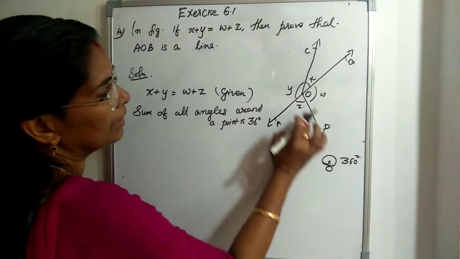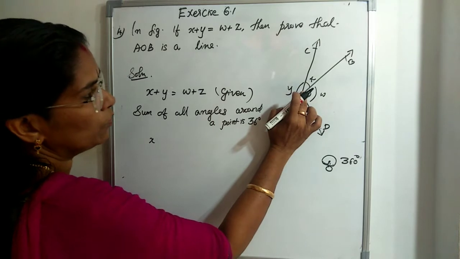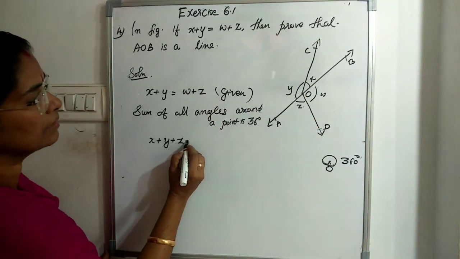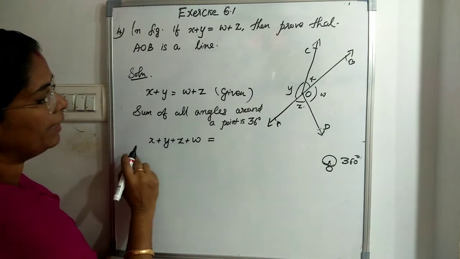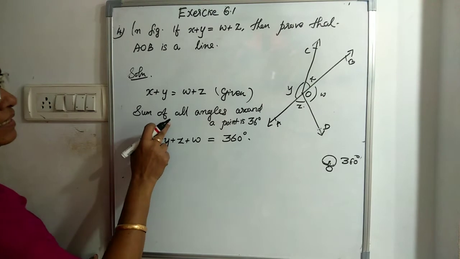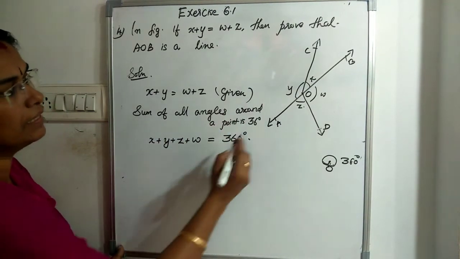That we can apply here. Around this point O, one angle is x, another is y, another is z, another is w. Adding all these, we get 360 degrees. The reason is: the sum of all angles around a point is 360 degrees.